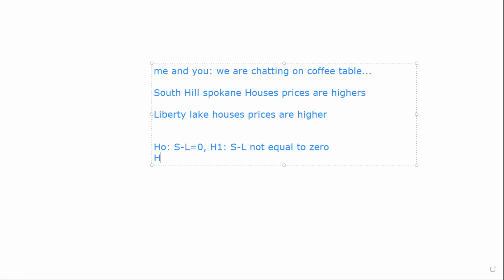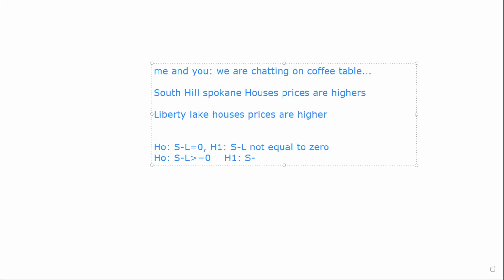Similarly, there can be a second hypothesis which says South Hill minus Liberty Lake is greater than 0. What is the meaning of this? That means South Hill house values are more than Liberty Lake, therefore it will come more than 0. So this is what could be the alternative hypothesis in this case.